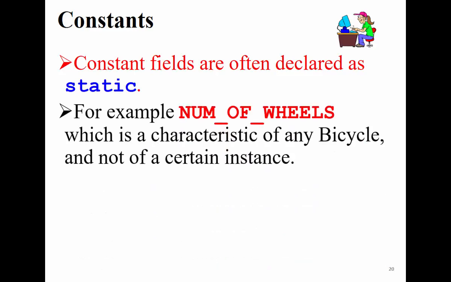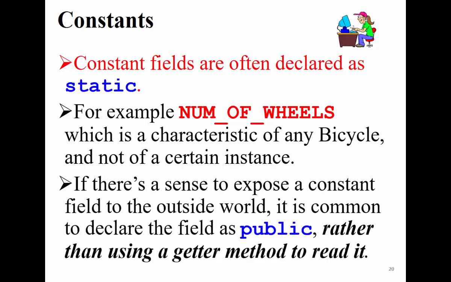Number of wheels, as I mentioned, if you have bicycles, the number of wheels for the bicycle is static and fixed for all the bicycles you are creating in your application. So it's also good to have them as public, not private. If you are defining a constant like pi in math, pi is a constant.